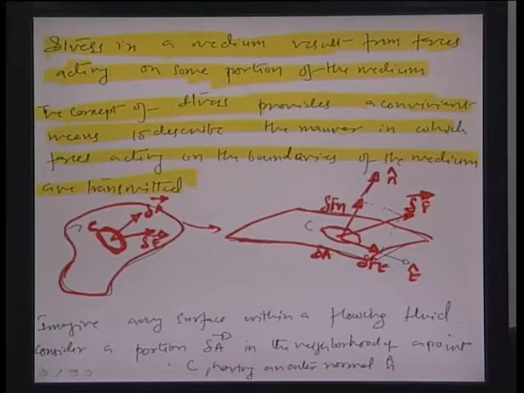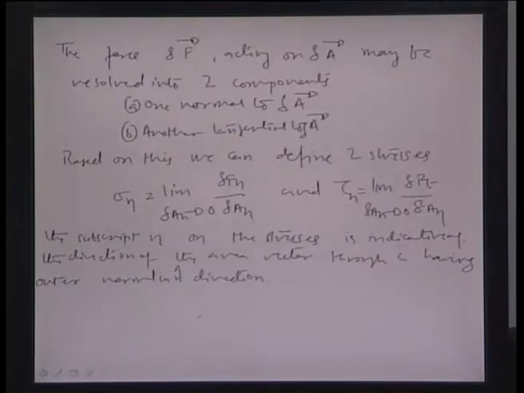Now, if you want to really see the kind of stresses because of these two components on this area vector A, it would be represented as a normal stress and a stress which is tangential, right, because there are only two components of the forces, the normal force and the tangential force.